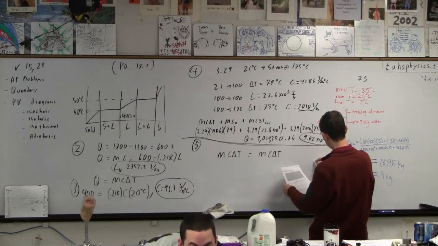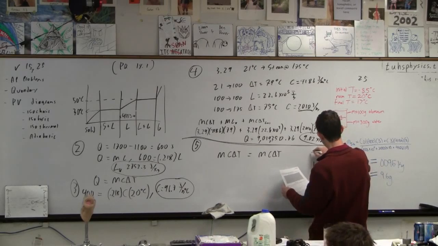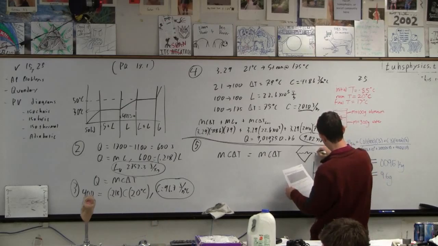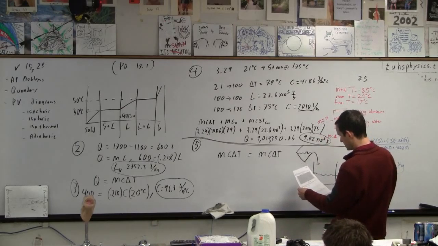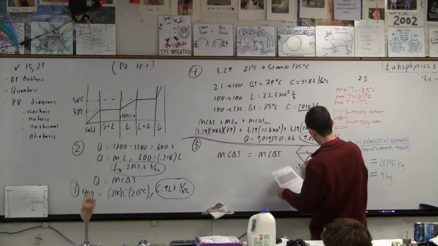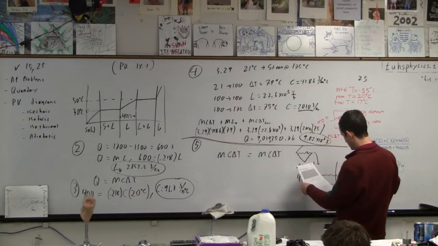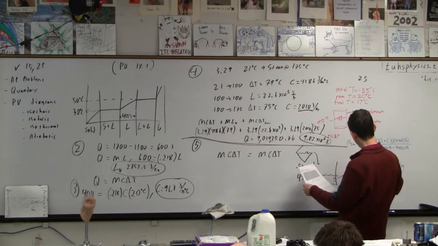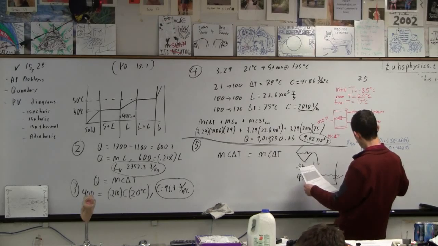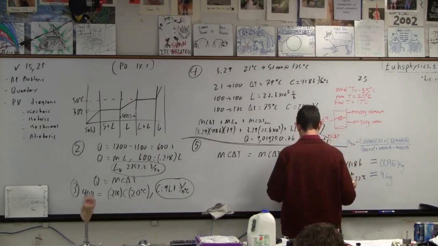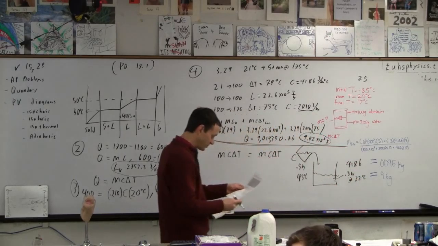Okay, so here's our mystery liquid. All right, we pour that into here. So this is 0.5 kilograms at 45. This is 0.3 kilograms at 22. All right, this is 4186. This stuff is a c. I bet we're looking for the specific heat of that, right? Because it's a mystery liquid.